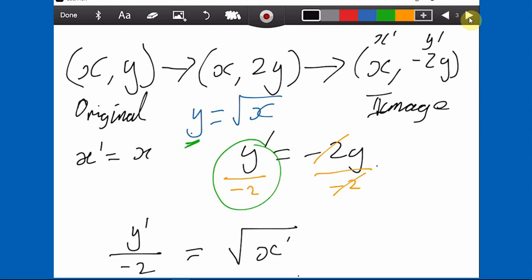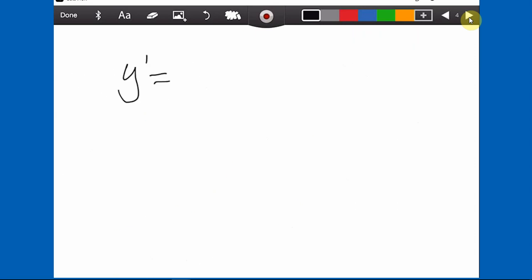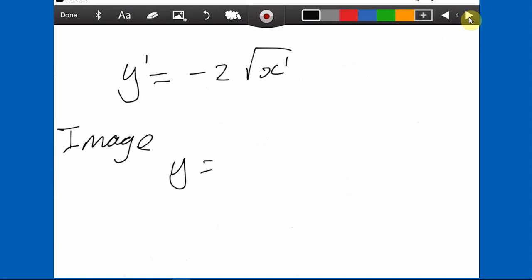Then we times both sides by negative 2, and that cancels there. So y dashed would be negative 2 root x dashed. So our image is y equals negative 2 root x. That's the image of our equation under those two transformations.